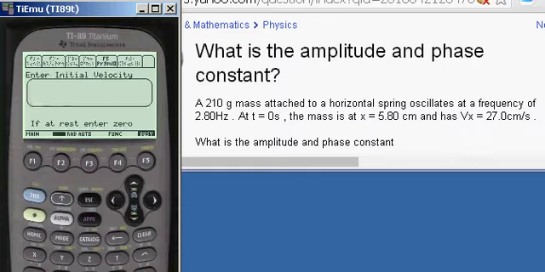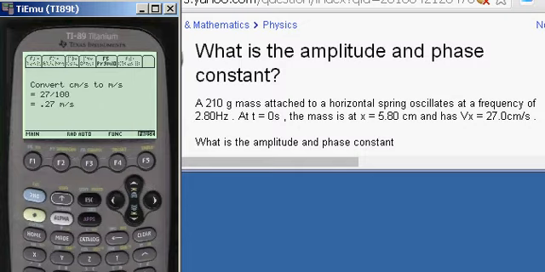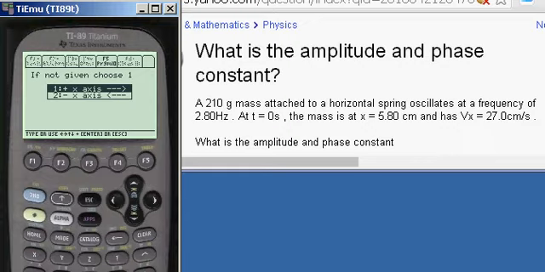We're going to enter the initial velocity, which is 27 centimeters per second. Alpha 27, number 3 centimeters per second. I'm going to press number 3 here on the calculator, and that gives you, if it's given, you'd put that in there.